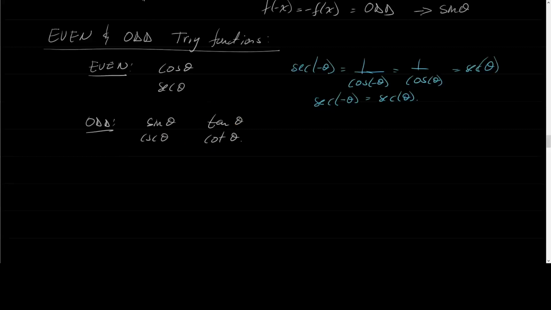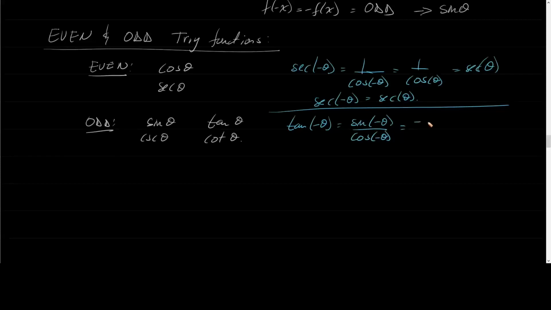So let's look at something like tangent. Why is tangent odd? Well, tan of negative theta would be sine of negative theta over cosine of negative theta. And since we know that sine is odd from before, we have that sine of negative theta is just negative sine theta, and cosine of negative theta is just simply cosine theta.